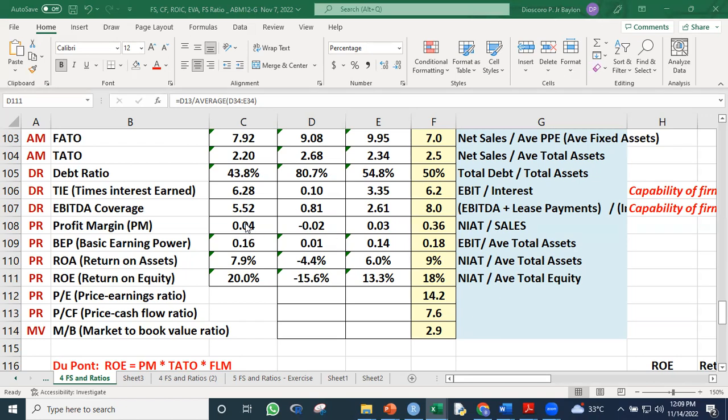Tapos sa basic earning power po, 100 peso of total assets, the company was able to generate 16 pesos of operating profit. And then sa return of assets po, for every 100 peso of assets invested, yung nag-generate po na profit is 7.9. And then sa return of equity, for every 1 peso investment made by the shareholders, the company was able to generate profit of 20 centavos.